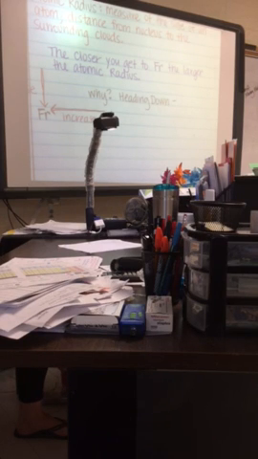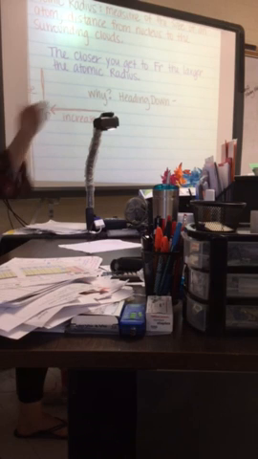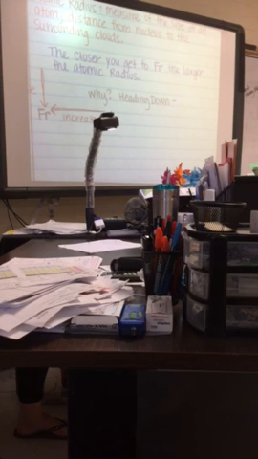What do the rows tell us? The rows or the periods on the periodic table tell us how many what an atom has. Okay, it tells us that, but more specifically, what are those things called?